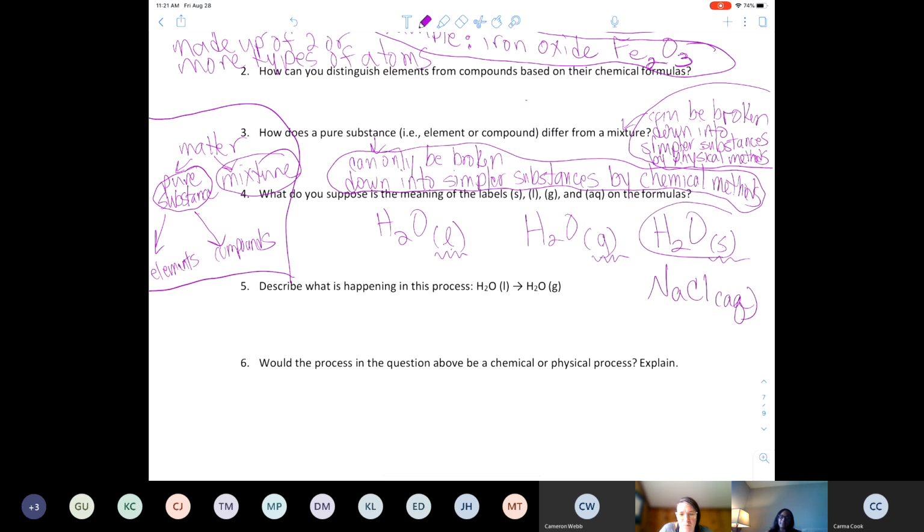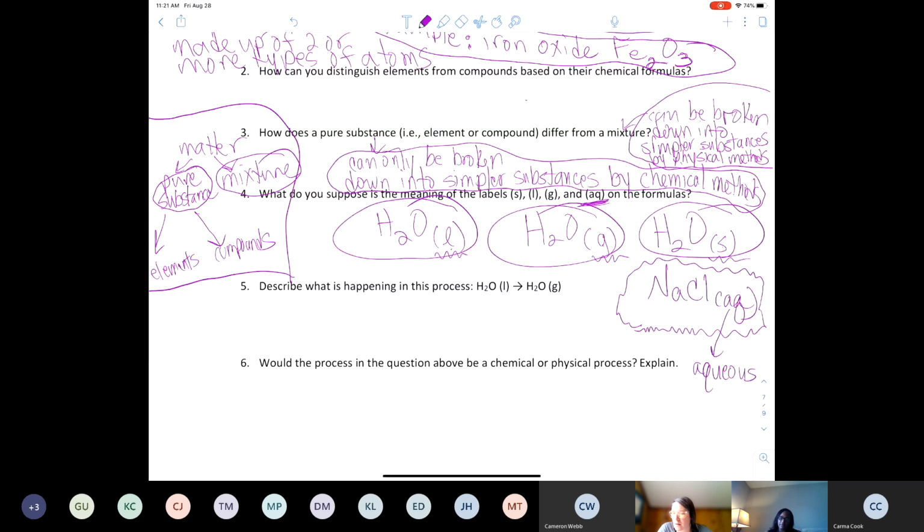So this is liquid water, water vapor, and ice. But what about this one? NaCl, with an aq symbol. What does that label mean? Is it aqueous? Very good. What does that mean? Dissolved in water.